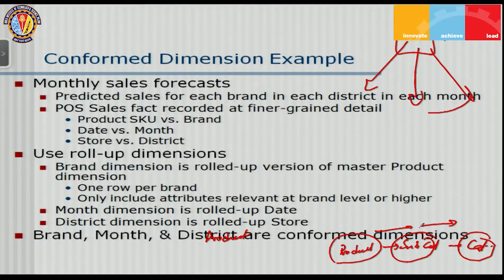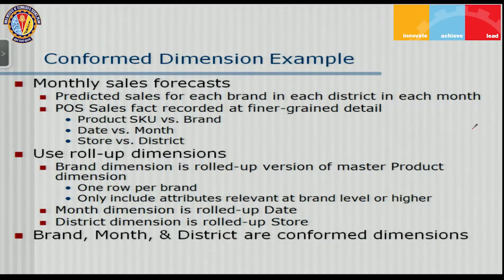Now let me give you an example of conformed dimensions. Monthly sales forecasts have to be made, predicting sales for each brand in each district each month. The point of sales fact table is recorded at a finer grain, like daily. So what I'm looking at is product SKU versus brand. There is a hierarchy from product to brand.